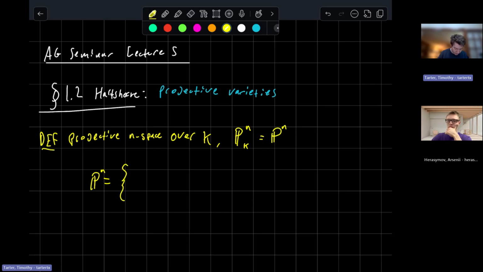So it's the set of all equivalence classes of (a_0, a_1, ..., a_n). And we'll call this equal to the equivalence class of P, just for simplicity.